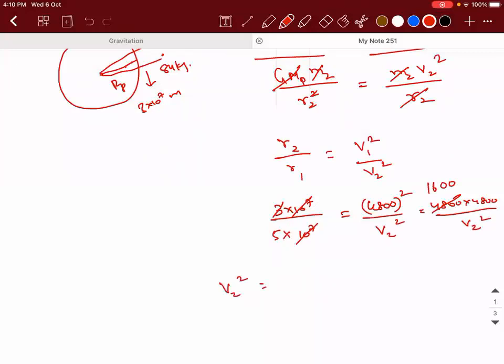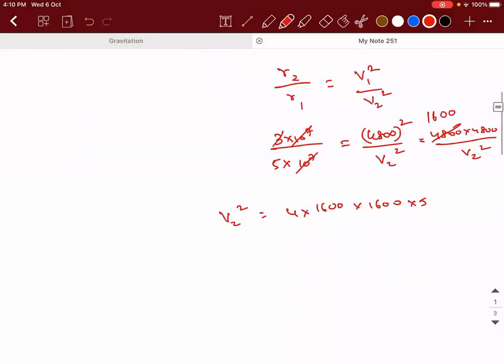So V2 square is equal to 4 into 1,600 into 1,600 into 5. So V2 will be the square root of this. So 1,600 into root 20 is 2 root 5. So 3,200 into root 5. So root 5 is 2.25 something. If you multiply both, that will give you the answer.